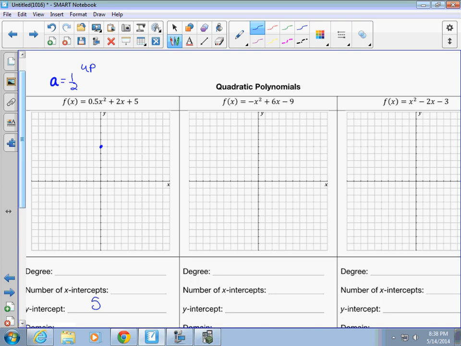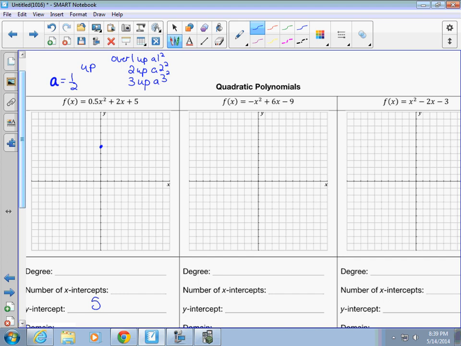Because our a is 1/2, our normal is over 1 up a times 1 squared. And then over 2 up a times 2 squared, and then over 3 up a times 3 squared. So if a is a 1, then it's just over 1 up 1, over 2 up 4, over 3 up 9.